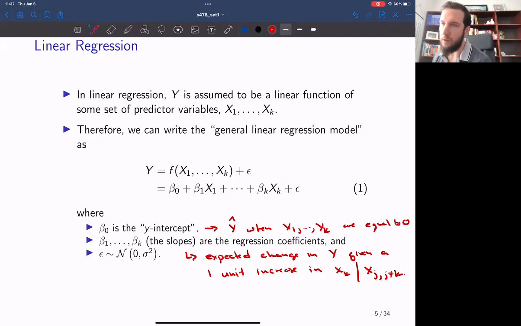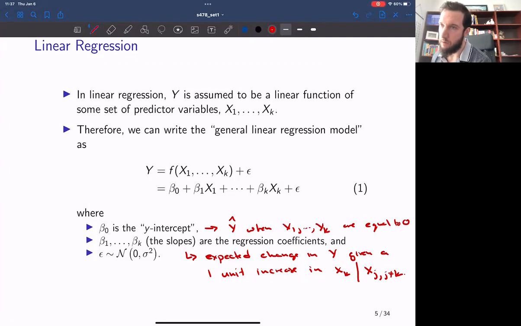Okay, now the other key component of the linear regression models is that we assume a normally distributed error term.